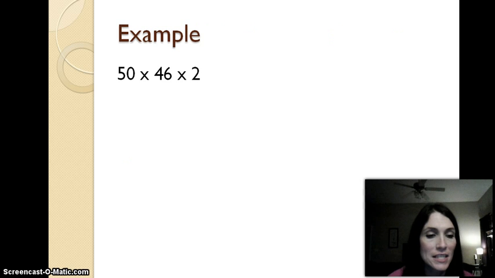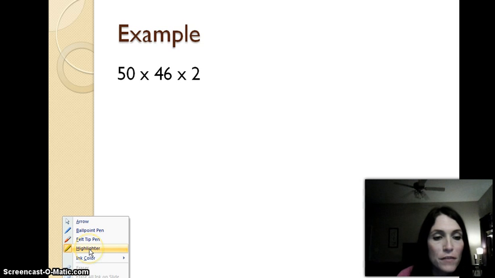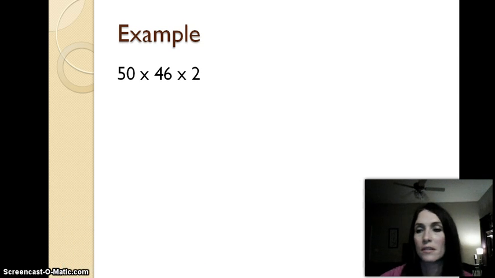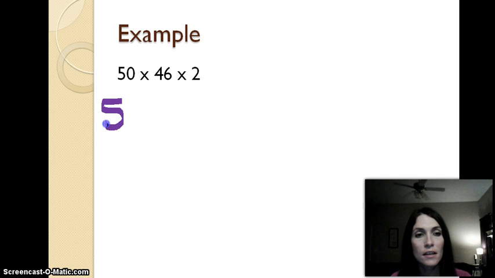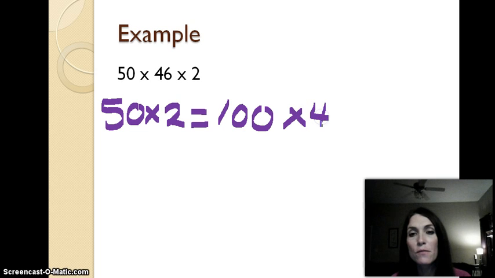So let's take a look at this example. 50 times 46 times 2. All right, so if I look at this one and I want to use a mental multiplication strategy, I could multiply 50 times 2, which would give me 100. And then I could multiply 100 times 46.